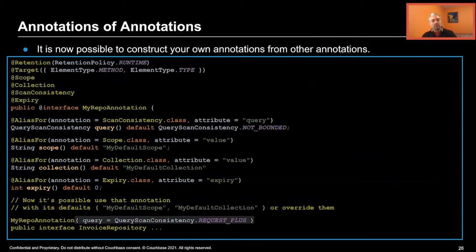So if you ever need to go across and change something, like maybe the scope that you're using, say you want to change from a test scope to a development scope, you can change them all in one place. And at the bottom, the last couple of lines are how you use it. Here it uses the my repo annotation and sets the query consistency.